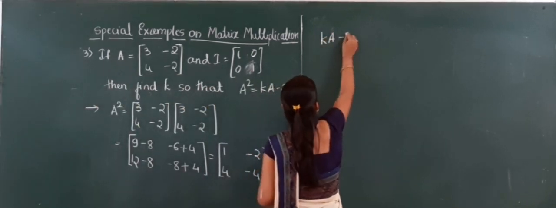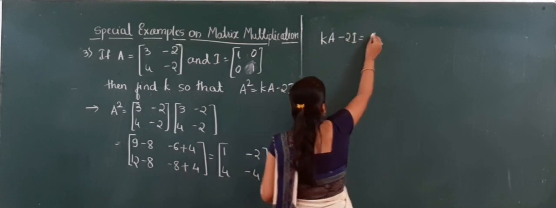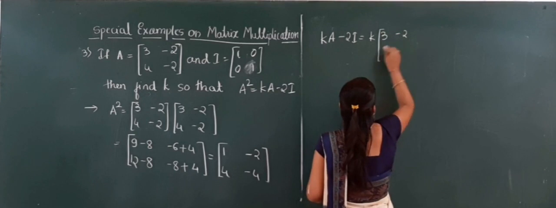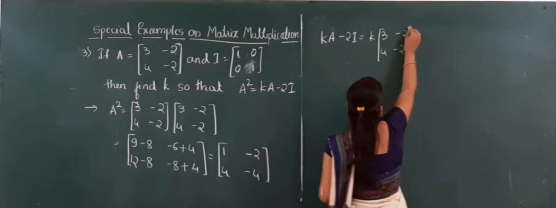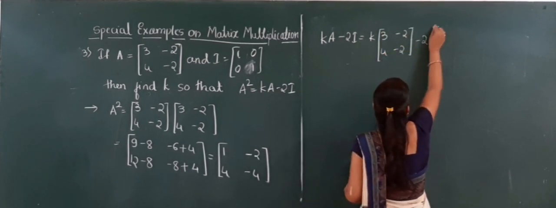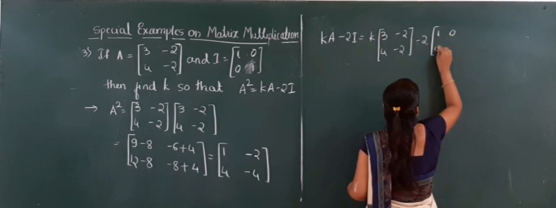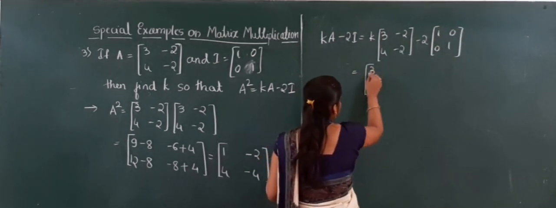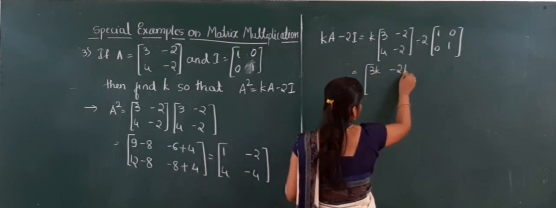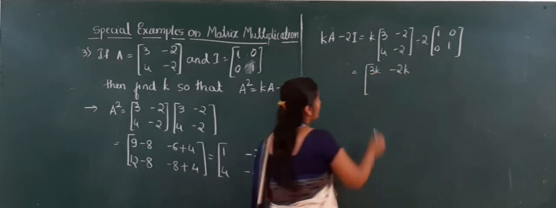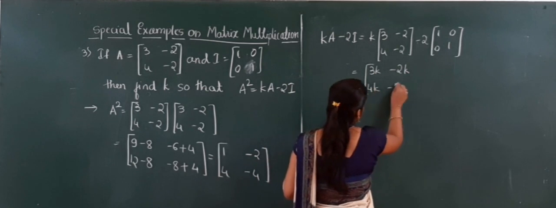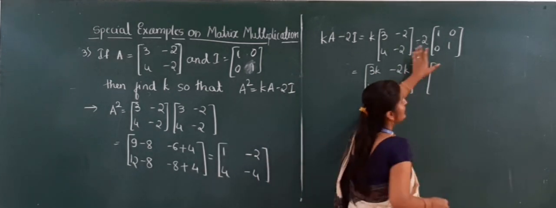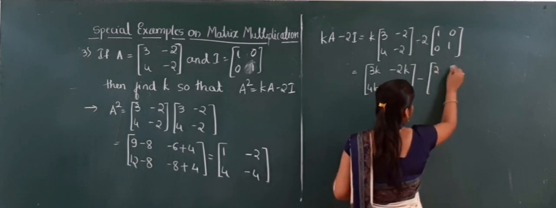Next is RHS, that is KA minus 2I. That is K into A, that is 3 minus 2, 4 minus 2, minus 2 into I, that is 1 0 0 1. So we will get 3K minus 2K. So I have to do scalar multiplication. 4K minus 2K, then minus 2 into 1 0 0 1 gives 2 0 0 2.